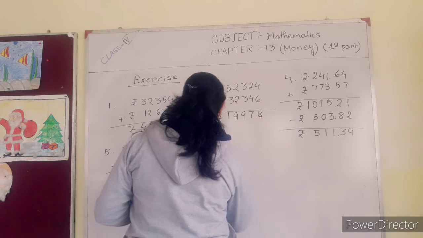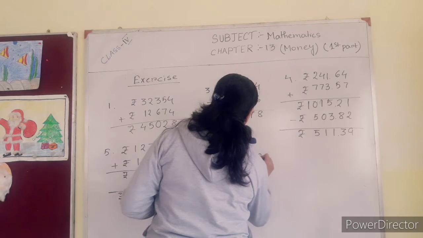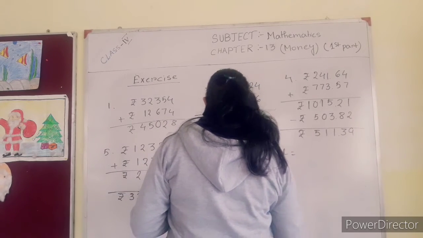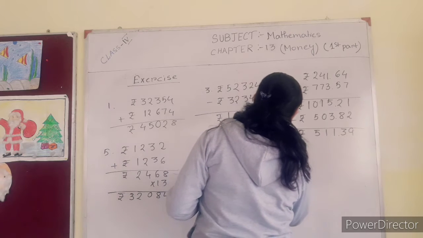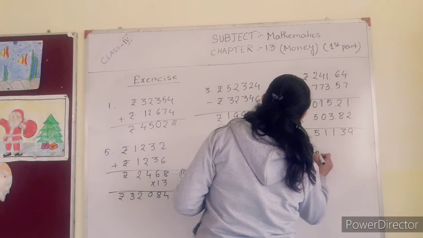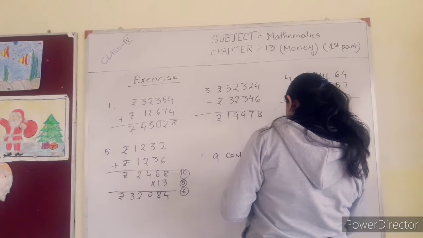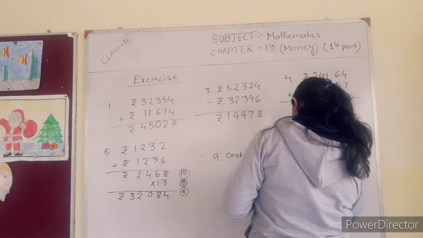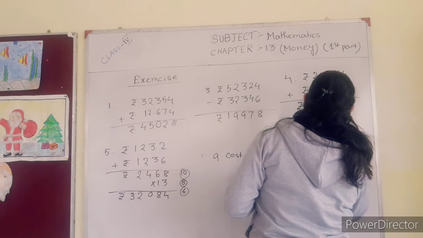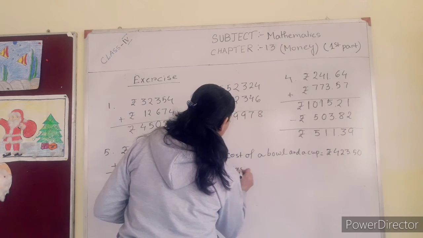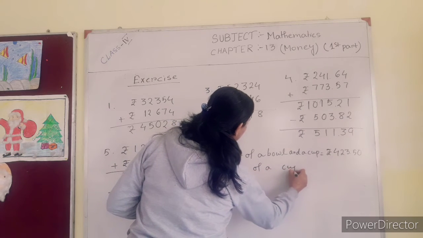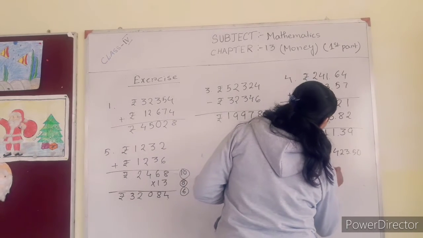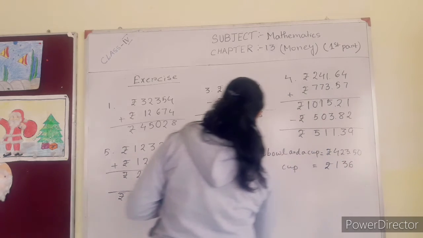The cost of a bowl and a cup is equal to rupees 423.50. Cost of a cup is equal to rupees 136.